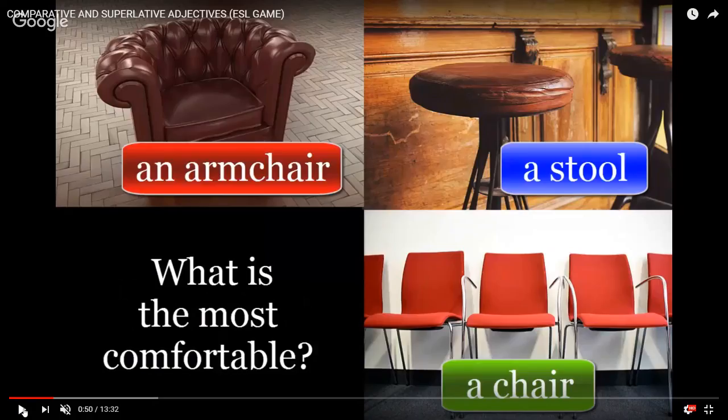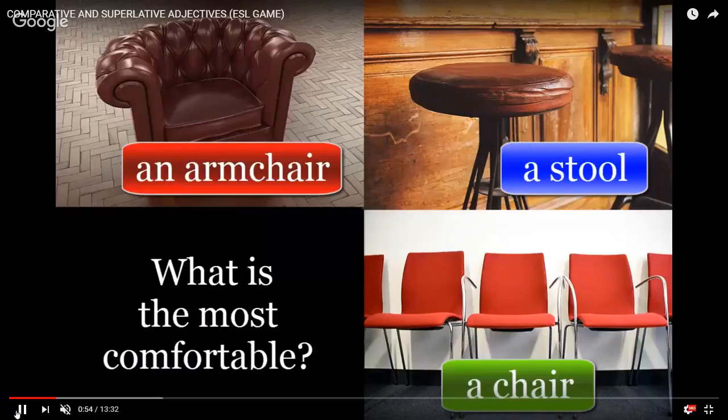It would be the most comfortable, an armchair. But the simple, basic adjective will be with the stool, because it's the lesser one. So look at this. A stool, the basic one.